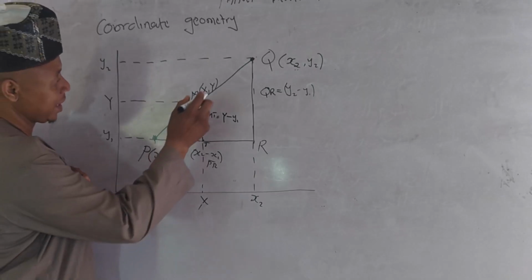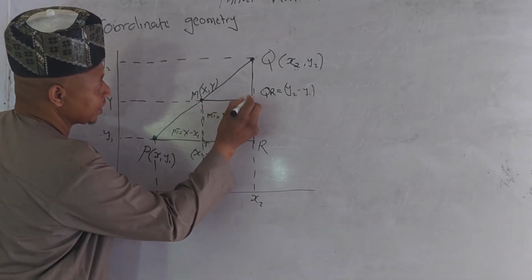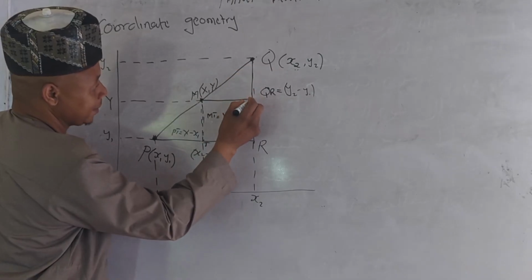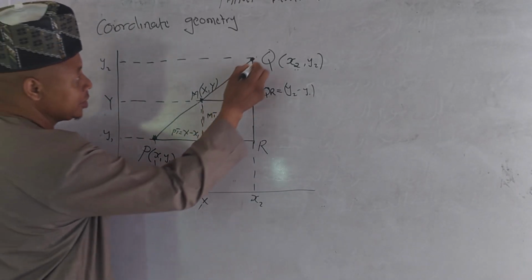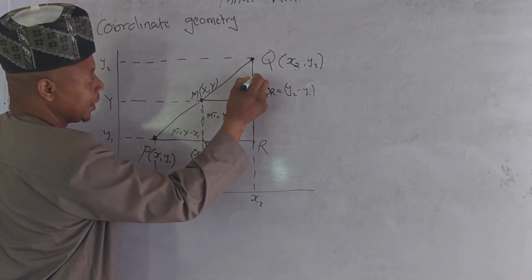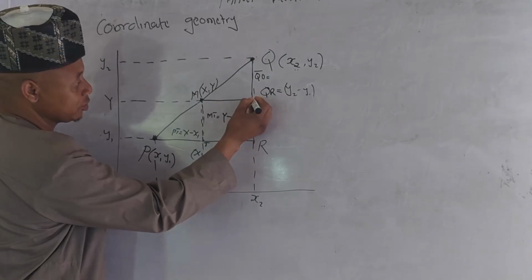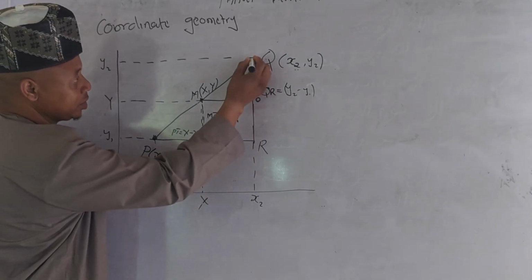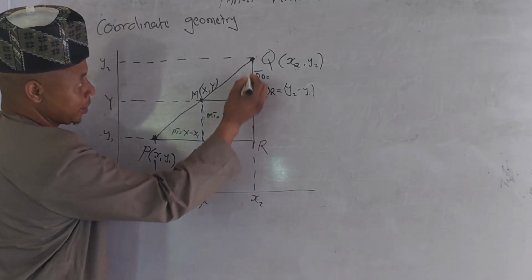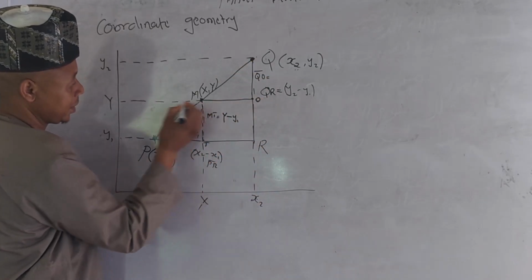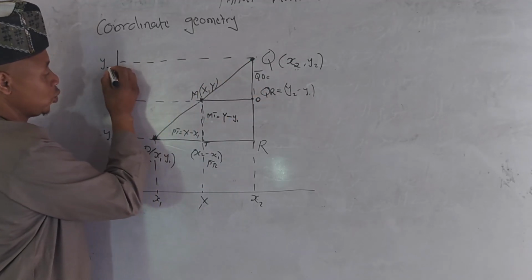And if you look at this, suppose we have another triangle here. Let me say this is O. Then line QO is equal to the difference between this point and this point. This point is capital Y, while this point is y2.